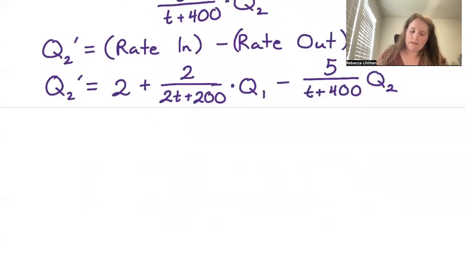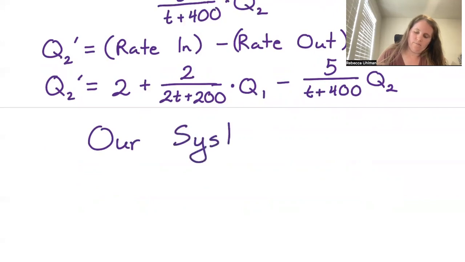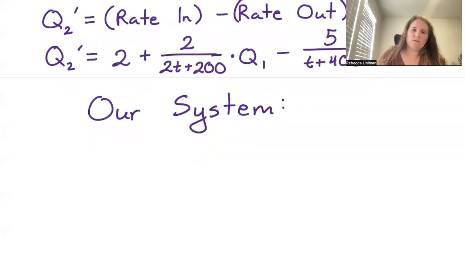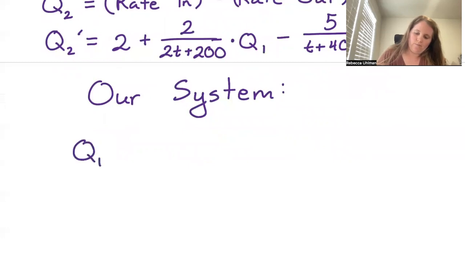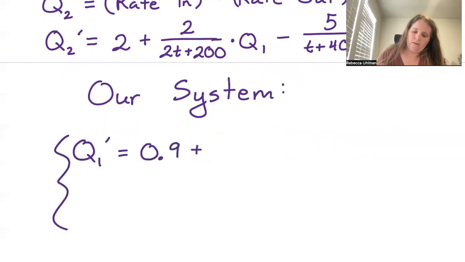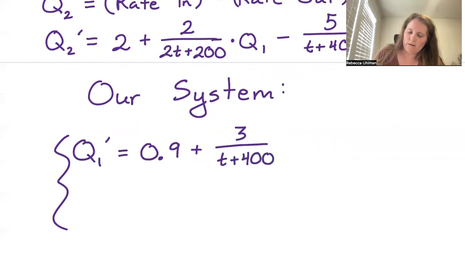So we now have our system. Q1 prime is equal to 0.9 plus 3 over T plus 400 times Q2 minus 4 over 2T plus 200 times Q1.